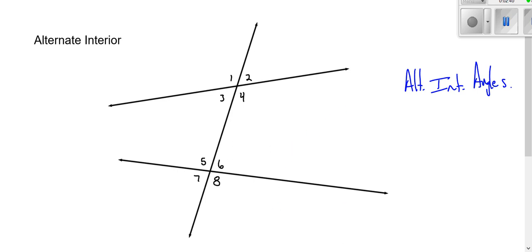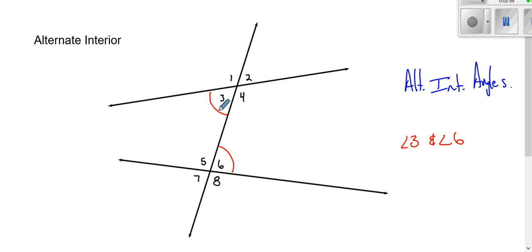One of those pairs would be this one and this one, angle 3 and angle 6. Notice they're on different sides of the transversal, but they're both on the interior.